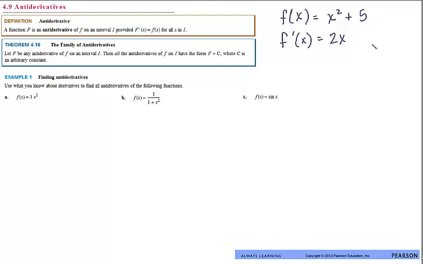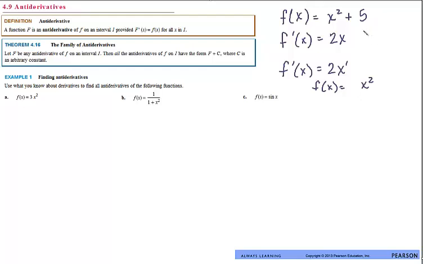So if I want to go backwards, let's say all I was given was that the derivative equals 2x. And I say, well, what was that function before then? I can look at this and know that the f of x had to have been at the squared level, because this power is a 1, and I see that that 2 dropped down.